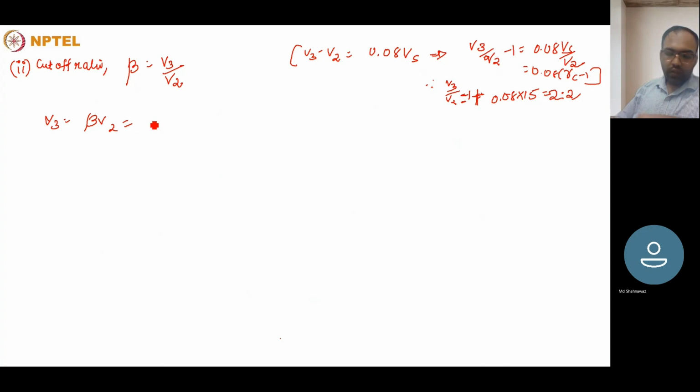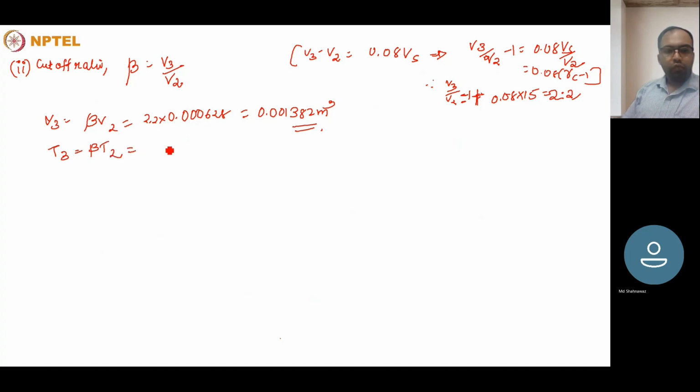For V2, we know the value we have calculated it to be 0.000628. So V3, the cutoff volume, will be equal to 0.001382 meter cube. Therefore, T3 for the constant pressure process is equal to beta into T2.